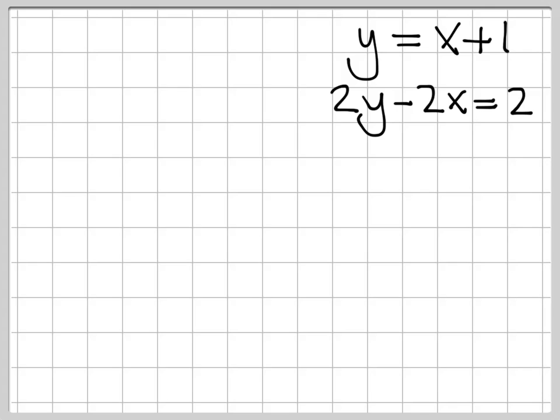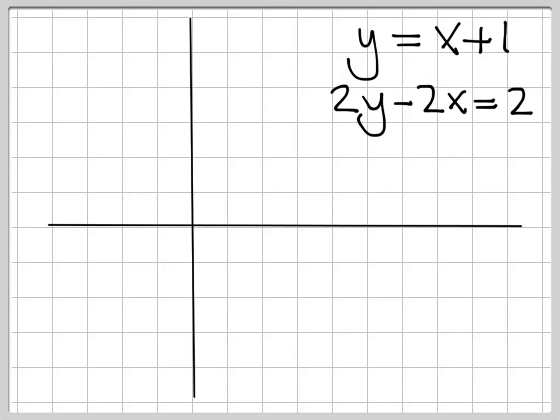Well, if I set up my axes and I start graphing these, starting with y equals x plus 1, I go ahead and I make my graph. And I'm going to try to be a little cavalier.